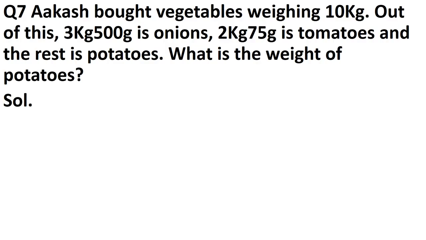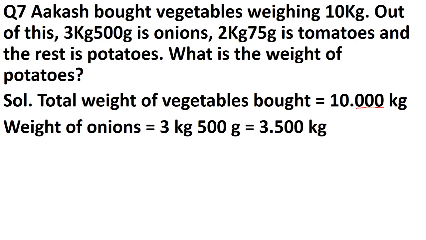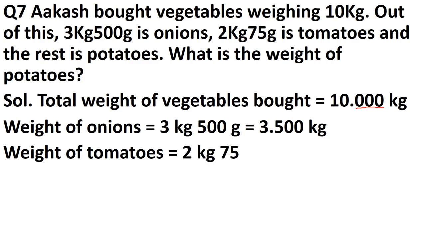See the solution of this. Total weight of vegetables bought is 10 kilogram, because in a kilogram 1000 gram is there, and in 1000 we have 3 zeros. Okay, so we have written 10.000 kilogram. What is the weight of onion? 3 kilogram 500 gram. Convert it into kilogram: 3.500 kilogram. Weight of tomatoes 2 kilogram 75 gram.